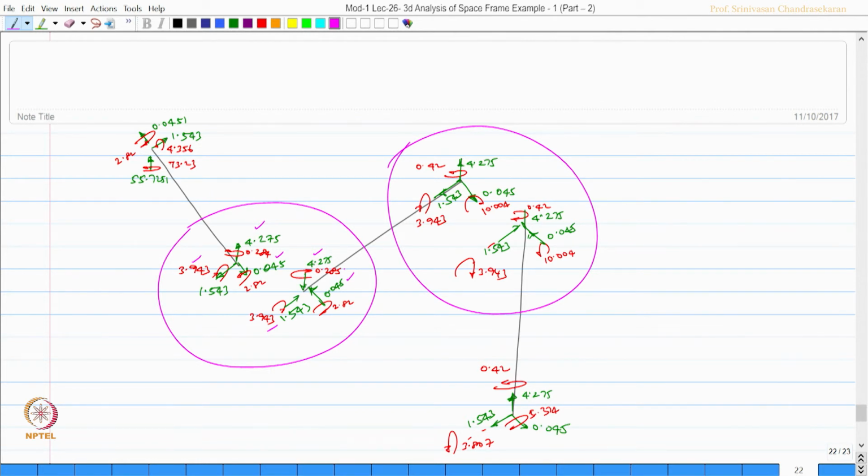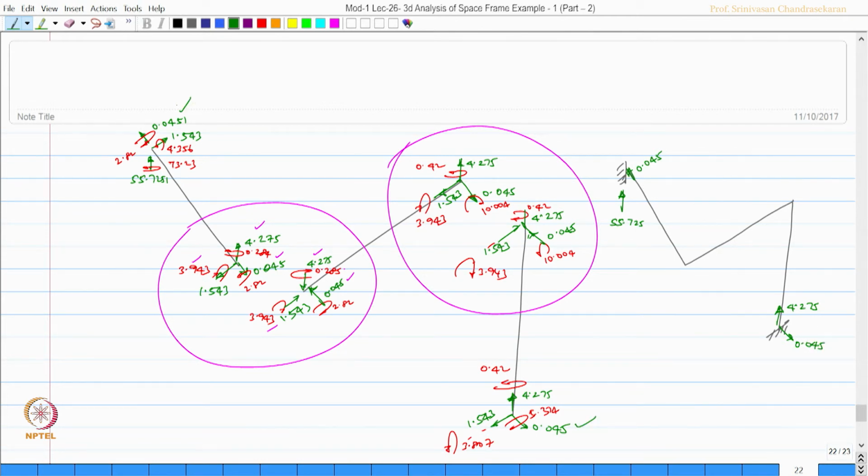Let us also try to plot the end reaction of the whole system, which comes like this. So, we get the end values as 55.725 and 4.275, 0.045 and 0.045, which are exactly taken from here.